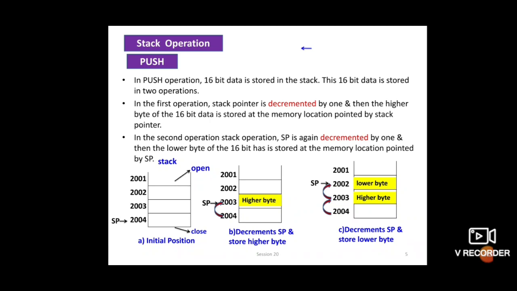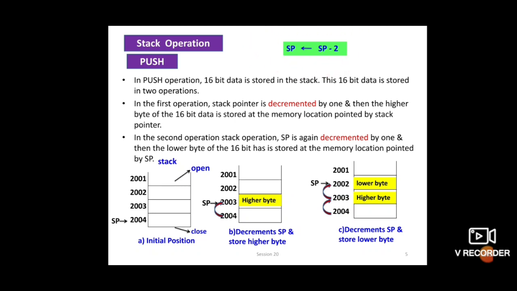How much? By 2 positions: 2004 to 2003, 2003 to 2002, that is 2004 minus 2002, so it is decremented by 2. When data is stored in the stack, the stack pointer is decremented by 2. Understood, student? That is how to store data in the stack.